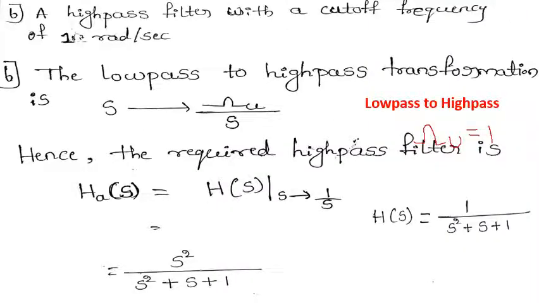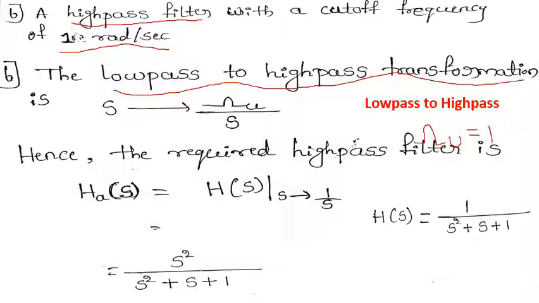The next part of the question is we have to obtain the transfer function of a high pass filter with a cutoff frequency of 1 radian per second. To obtain the transfer function of a high pass filter using the transfer function of a low pass filter, we have to apply low pass to high pass frequency transformation.